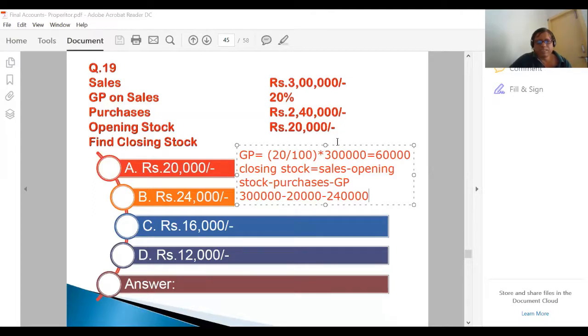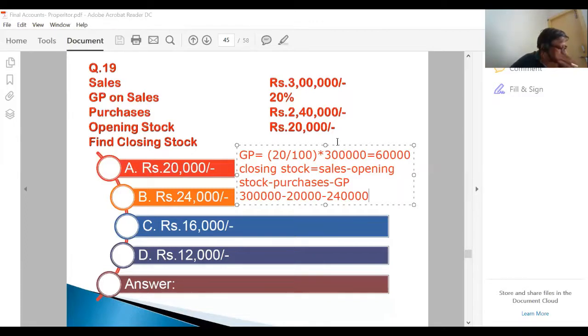Sales minus purchases, gross profit 60,000. That we have taken. Gross profit is there. We have opening stock, 20,000. Closing stock we need to know. Sales plus closing stock minus opening stock minus purchases, gross profit.